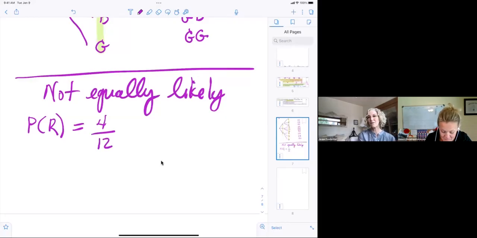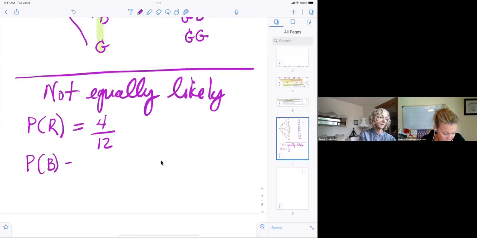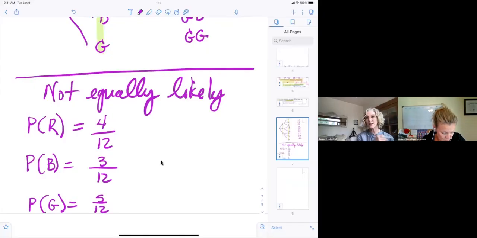I'm just going to leave it in that form right now, just so that the concept is there. I know I can reduce it to 1/3, but I'm going to leave it like that. Probability of drawing a blue marble then, there's only 3 blue out of the 12. And the probability of drawing a green marble, there's 5 out of the 12. So that's why they're not equally likely.